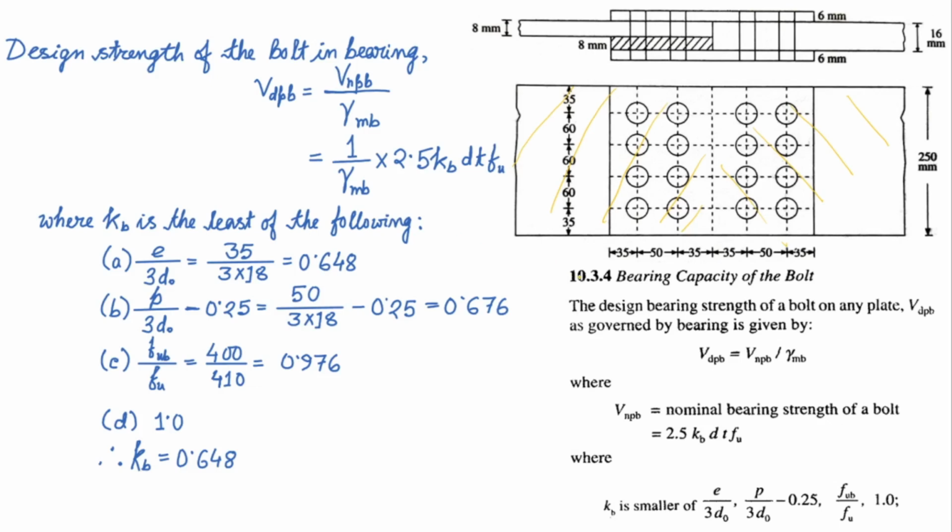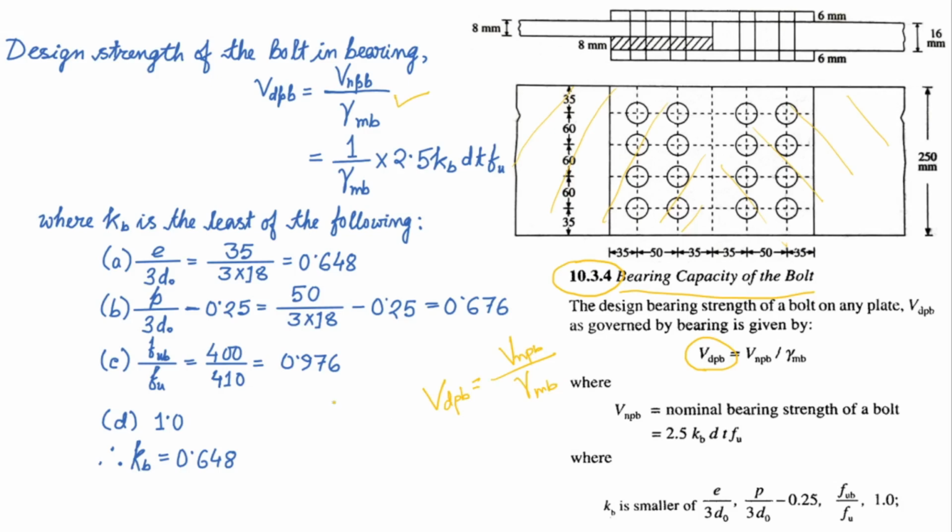So now we have to follow clause number 10.3.4 of IS 800, the bearing capacity of the bolt. So they have given this formula. This is the formula for design bearing strength, Vdpb, which is equal to Vnpb divided by gamma mb. So I have written the formula.